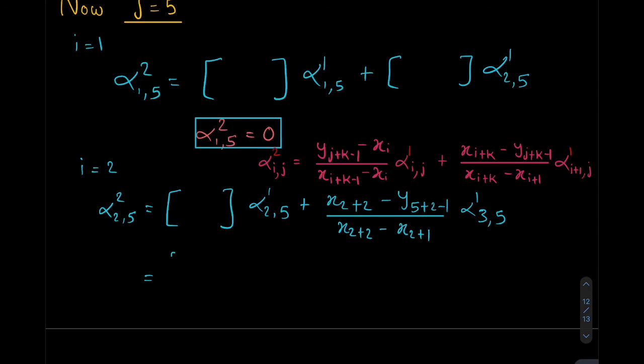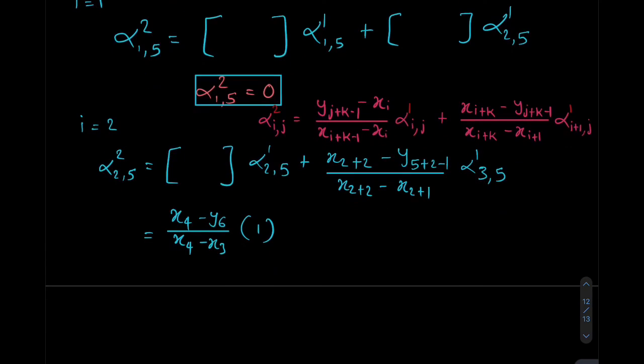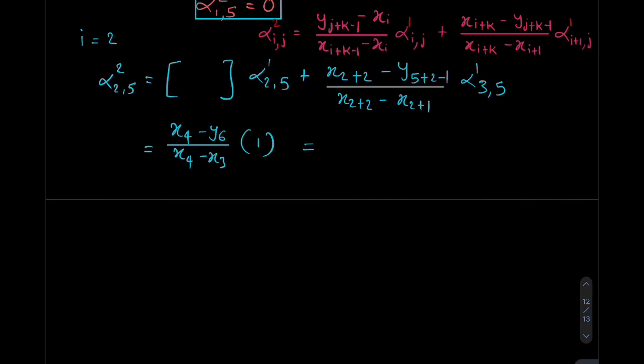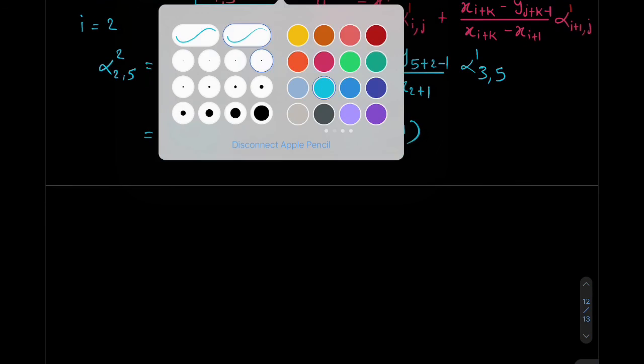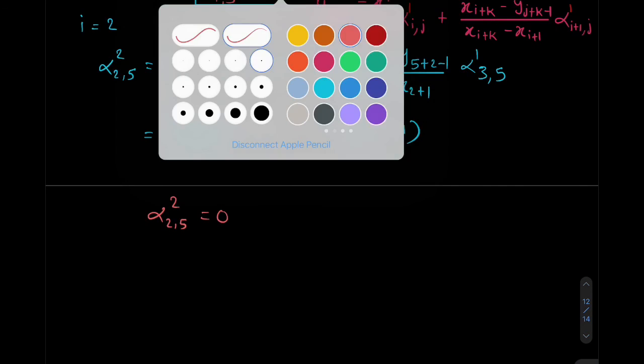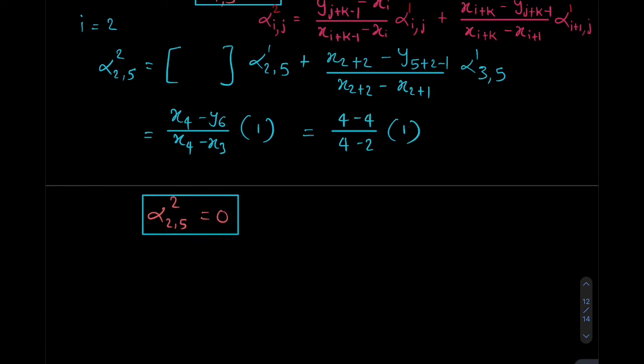Okay, so this is x4 minus y6 divided by x4 minus x3, and this is unit value. Okay, so let us check for values of y4, y6, x4, x3. Okay, so x4 is 4 minus 4 divided by 4 minus 2, so this comes out to be 0 again because of numerator. Okay, so alpha 2 5 is 0.